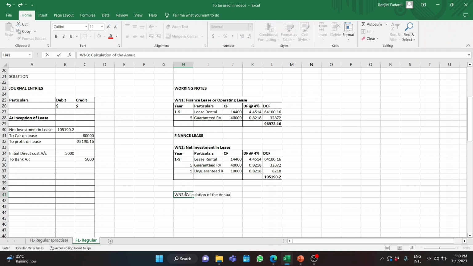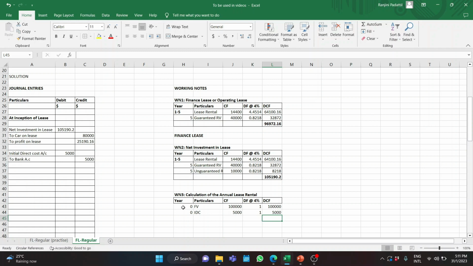Calculation of the annual lease rental. In year 0, at the beginning of the year, the fair value of my asset is 100,000. Discounting factor is 1. In that year, I have also incurred an initial direct cost of 5,000. Again, my discounting factor is 1. Now I want to know how much should I expect the lessee to pay me every year so that I can recoup this amount.